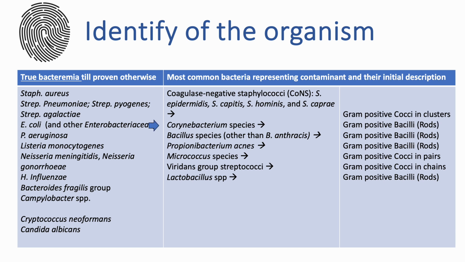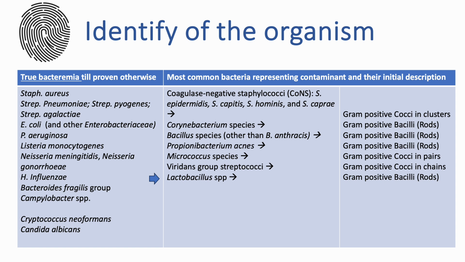Corynebacterium as well, Bacillus species, Propionibacterium acnes, Micrococcus species, viridans group Streptococci, and Lactobacillus species as well. As you can tell, these are common organisms that can be the result of a contaminated blood culture. But again, you have to take into consideration the clinical scenario of the patient and the risk factors associated with the patient.